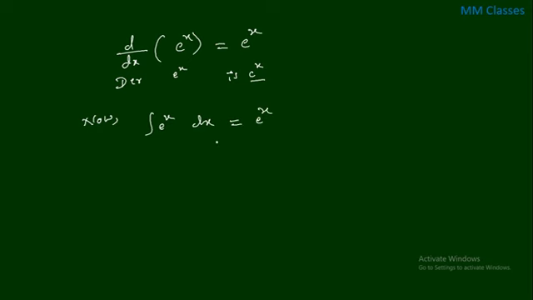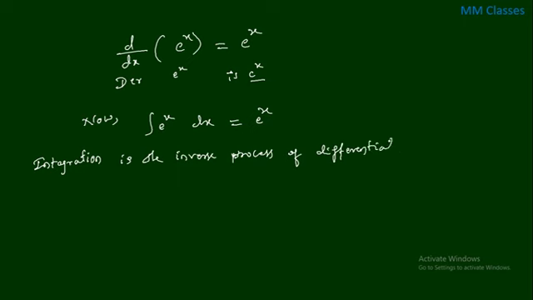Clear? So here we call it the antiderivative of e raised to x is e raised to x. Therefore integration is the inverse process of differentiation. This is the definition of integration.